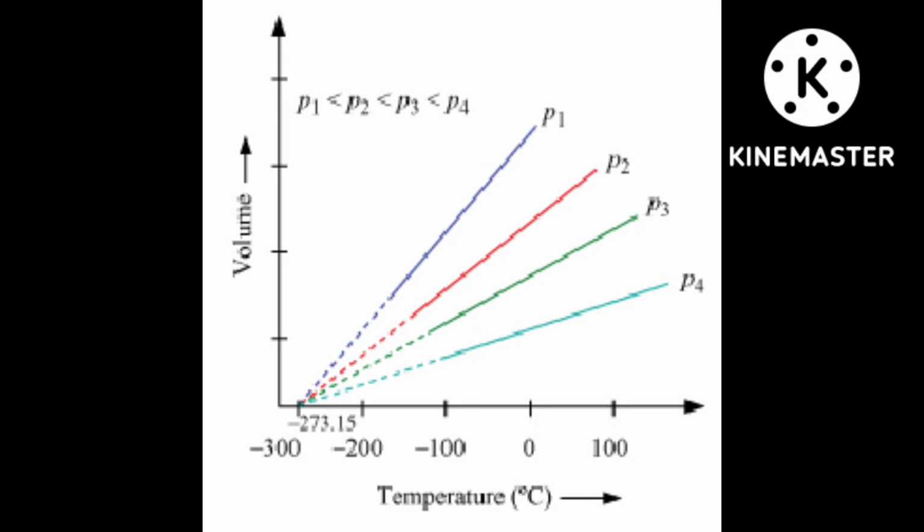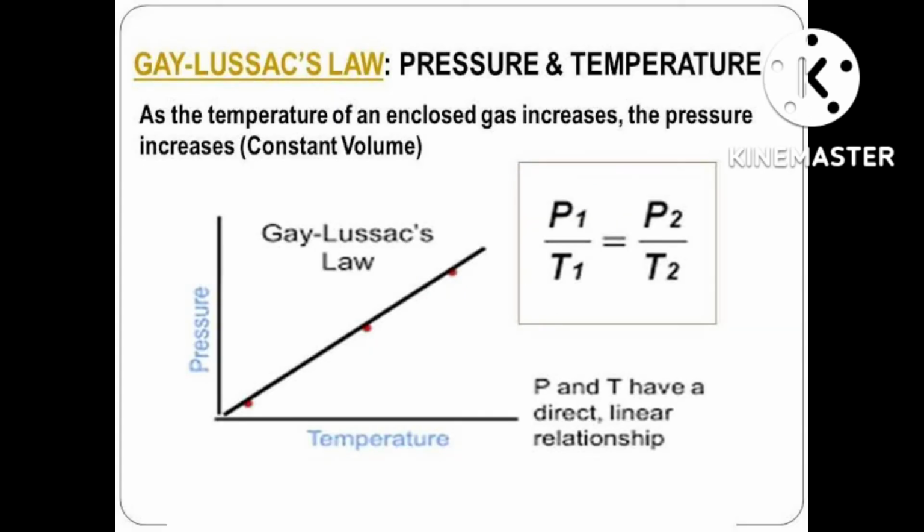Simply understand it like this: minus 273.15 is the lowest hypothetical, imaginary temperature at which gases are supposed to occupy 0 volume, and this temperature is called absolute zero.